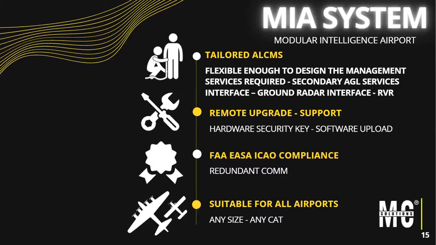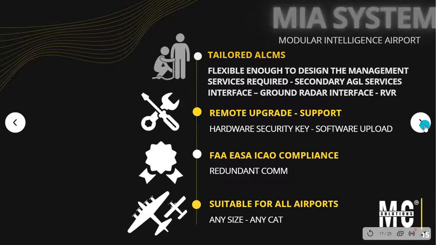So, again, redundant communication, of course, so we are in compliance with FAA, for example, AL890, and it is the software which is available and suitable for all kinds of airports, no matter the size or the category in which they are.